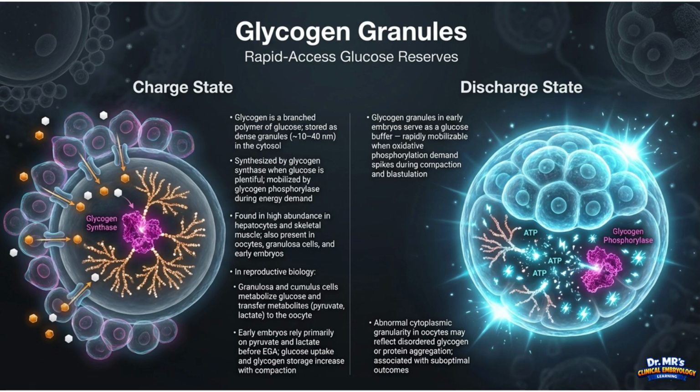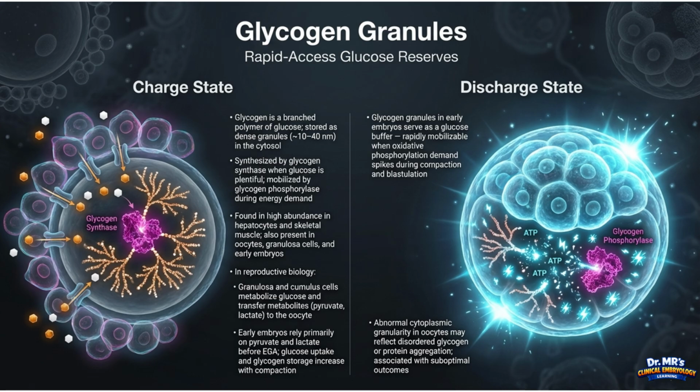If lipid droplets are the oocyte's long-term energy reserve, glycogen granules are its rapid response glucose buffer. Glycogen is a branched polymer of glucose units, stored as dense granules measuring roughly 10 to 40 nanometers in the cytosol.